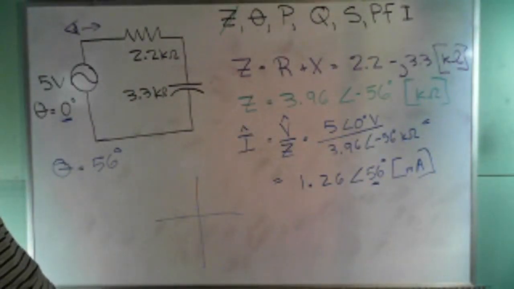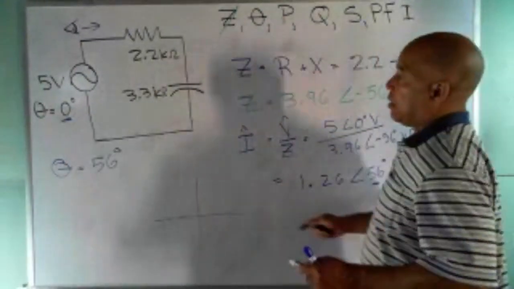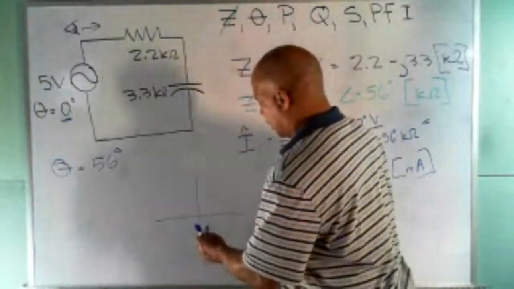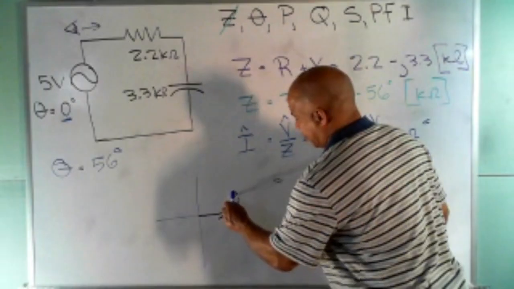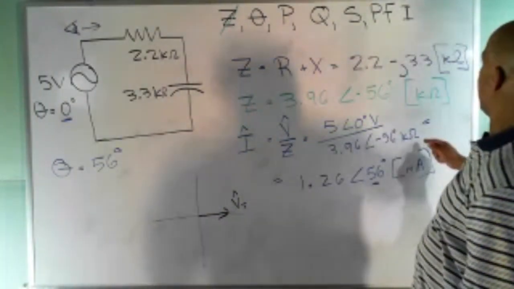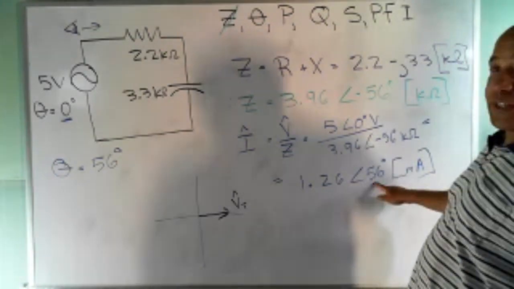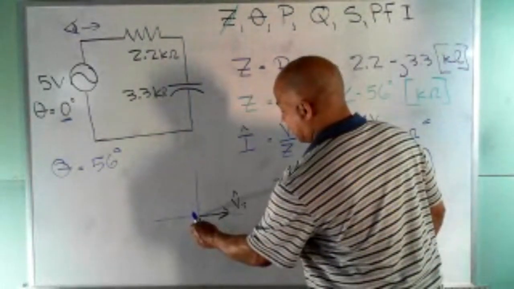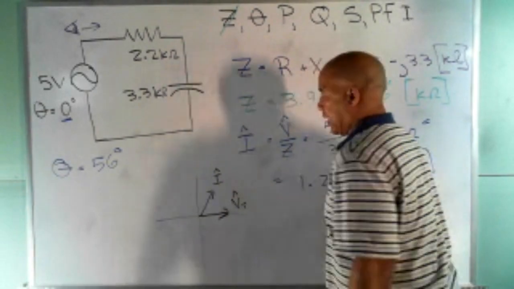My voltage is my reference at 0 degrees. So my 5 volts is right here. That's my total voltage. And my current is at 56 degrees, so probably like right there. That's my total current.